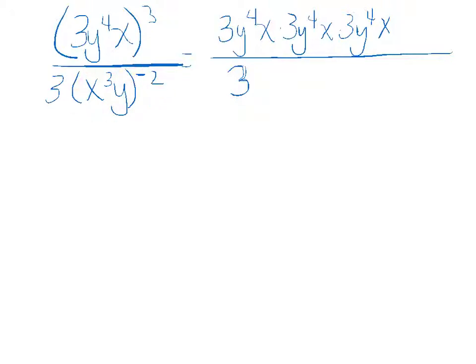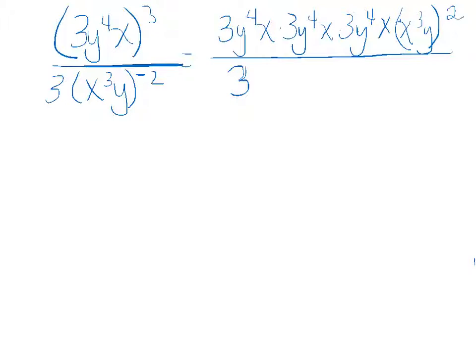I'm thinking about what we learned before. If we have negative exponents, they are going to move to the other side of the fraction, so we're going to take the reciprocal, and that exponent is going to become positive. So I'm going to have x cubed y, that quantity, except my new exponent is going to be a positive 2 instead of a negative 2.